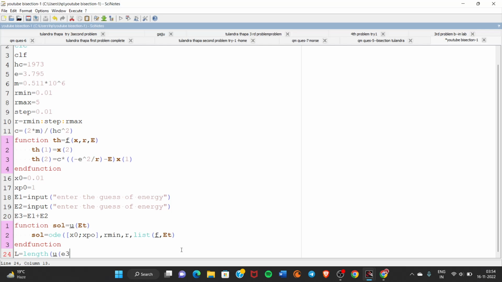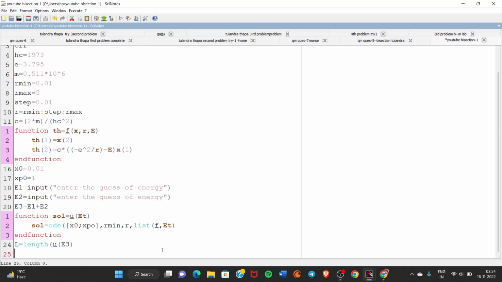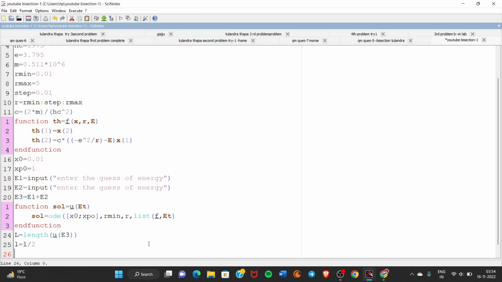This will find the length of u(E3). Now I will be dividing this length, so small l is equal to capital L divided by 2.